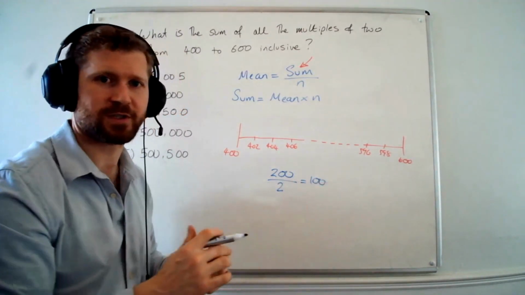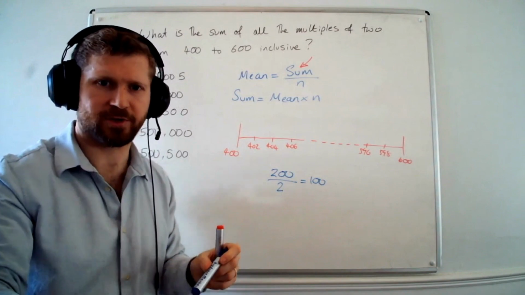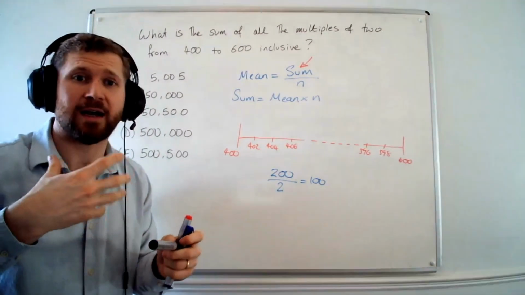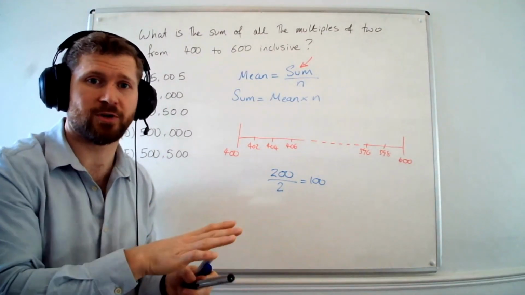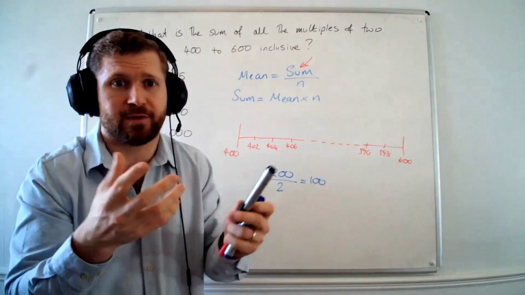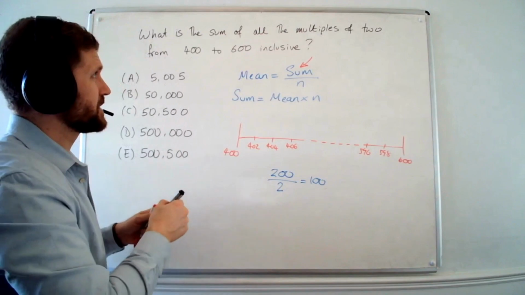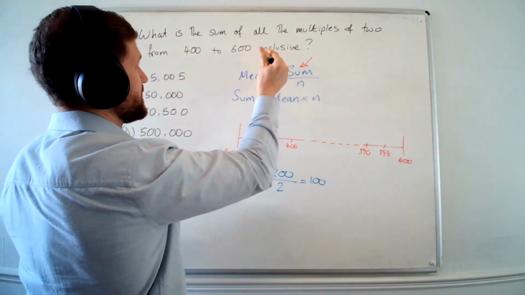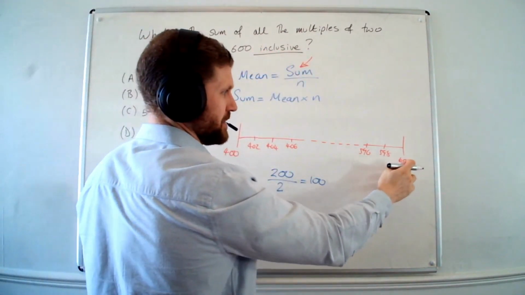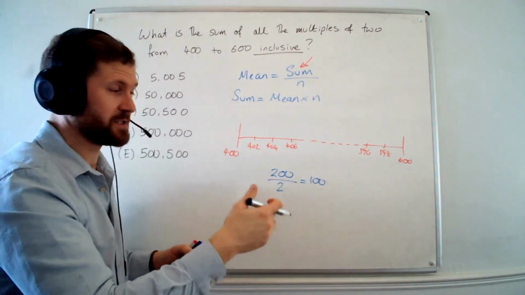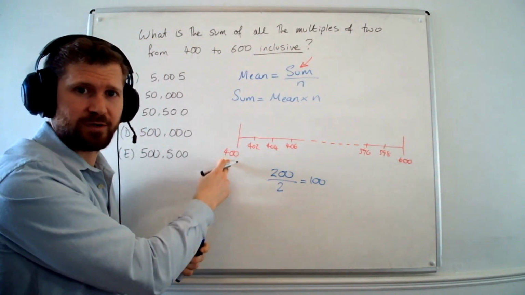But in the last question, I said, hold on a second, what about the start point? And in that road example, we could not put a speed bump at the 0 point, or we might have been able to, but I said, maybe. In this case, the question says 400 to 600 inclusive. The 600 is one of the numbers I need to include in my sum. So's the 400.